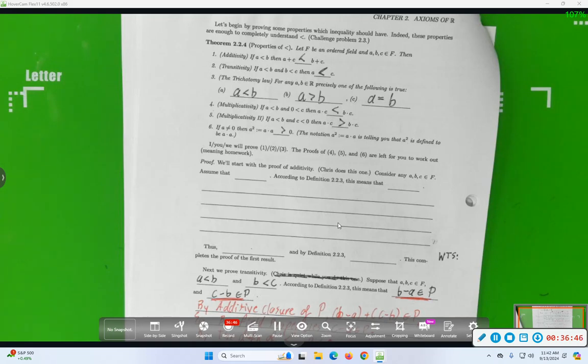Remember you have all of the field axioms, so anything that is algebraically true. What can you do with this? You can simplify it to B minus A is in P. Oh, cool. Is that something you know? Yes. Oh, so you have a proof. It's just sketching.